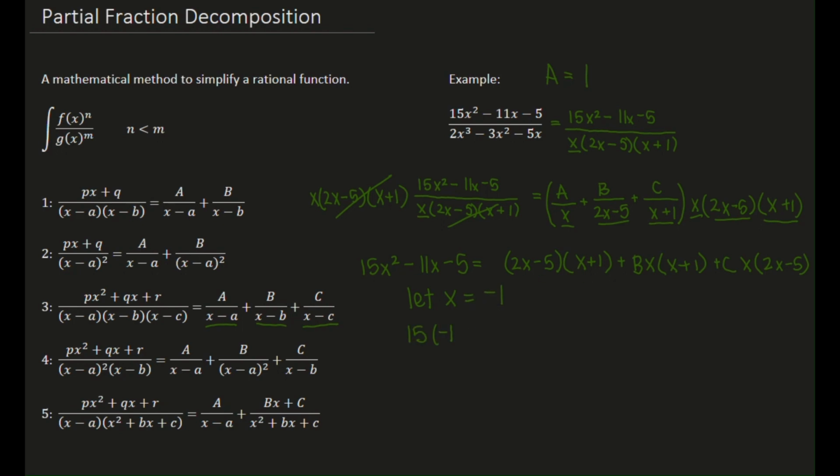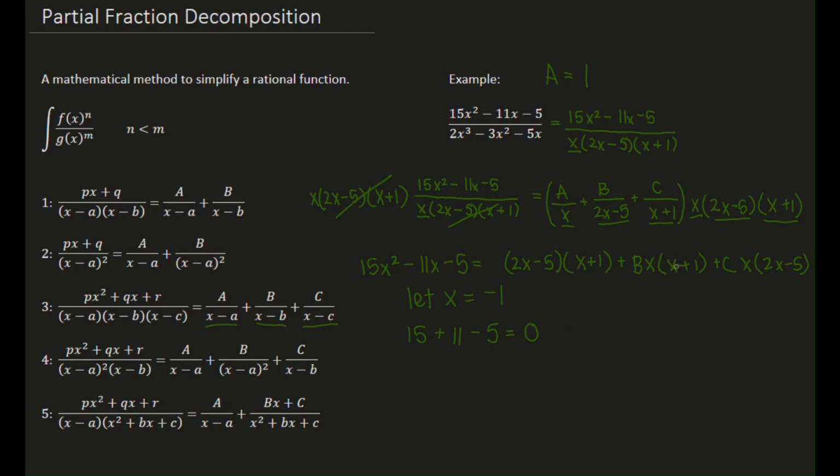So the left-hand side of my equation becomes 15 minus 11 times the negative 1 becomes plus 11 minus 5 equaling, I've got 2 times negative 1 minus 5 times negative 1 plus 1, which actually ends up being 0, making this whole thing go to 0. Then b also will go to 0, because even though b is multiplied by negative 1, because it's multiplied again by negative 1 plus 1, that also goes to 0.